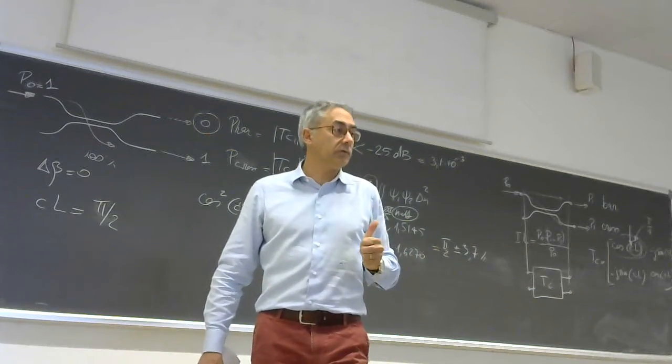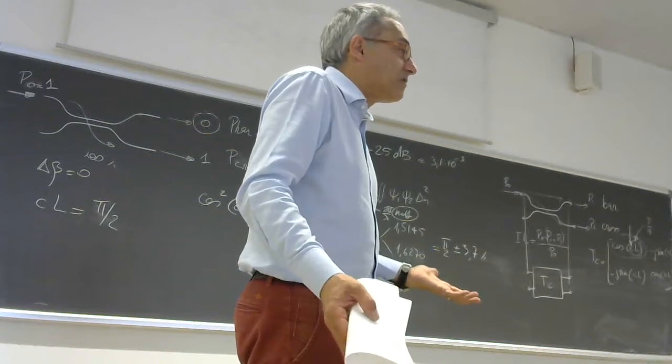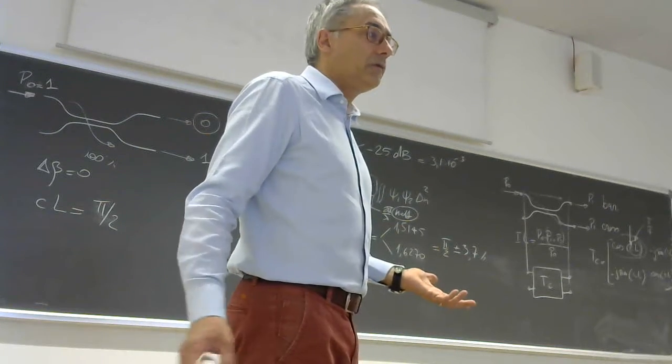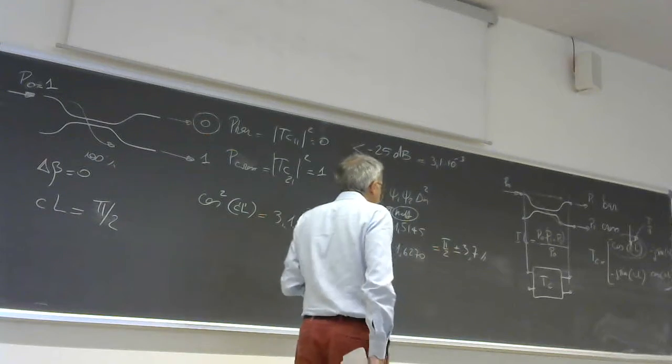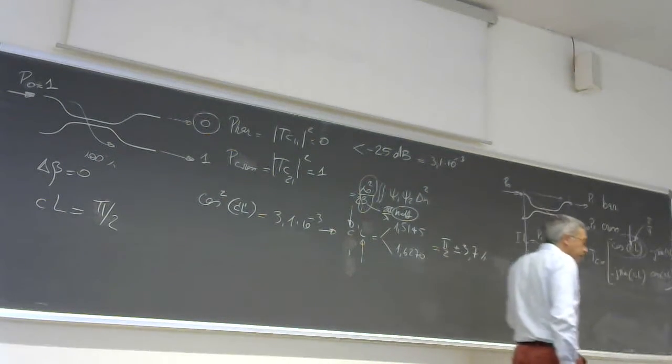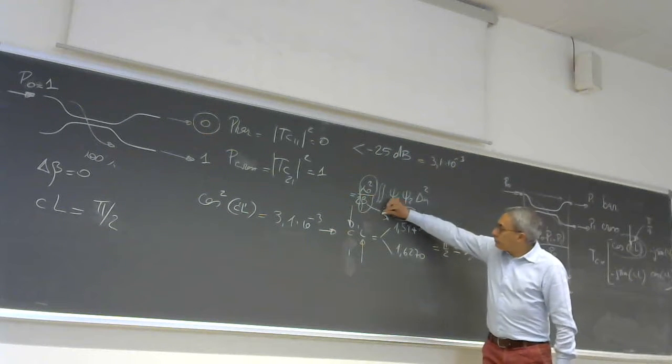It depends on the temperature. It depends on the technological process. It depends on a lot of things. If you think of space application on satellites, it depends on the radiation. There is a lot of radiation outside the atmosphere. And it depends on the wavelength.